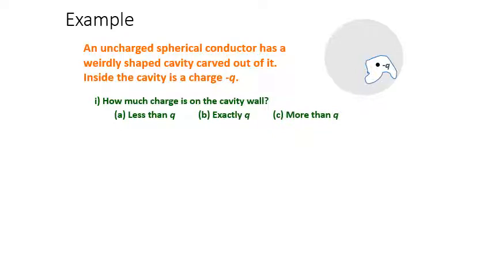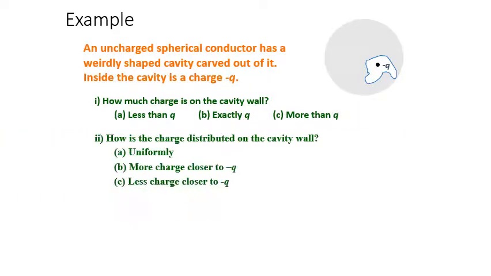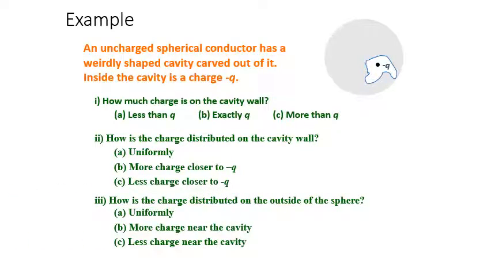Is it less than Q, exactly Q, or more than Q? The question is, how is the charge distributed on the cavity wall? Uniformly, more closer to minus Q, or less closer to minus Q? How is the charge distributed outside the sphere? Uniformly, more charge near the cavity, or less charge near the cavity?